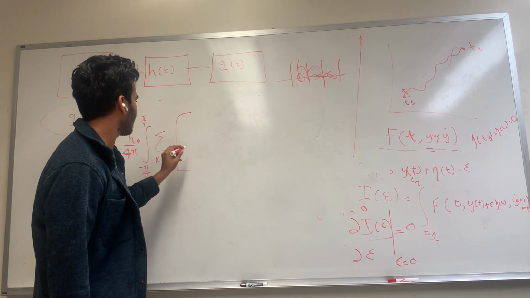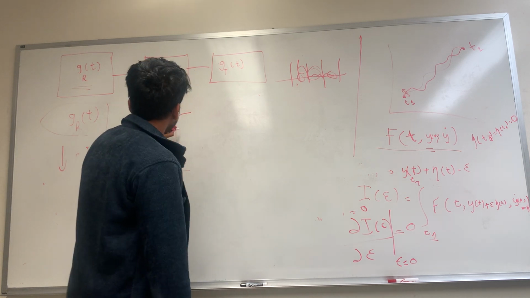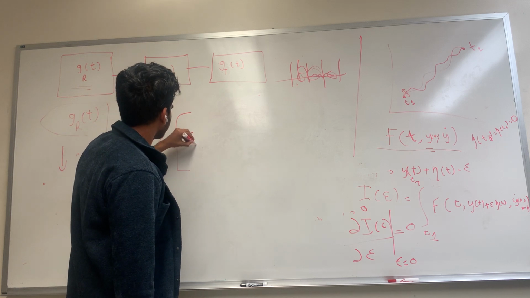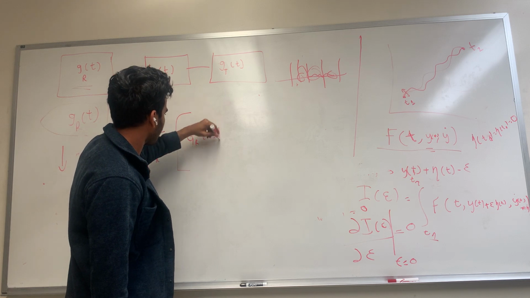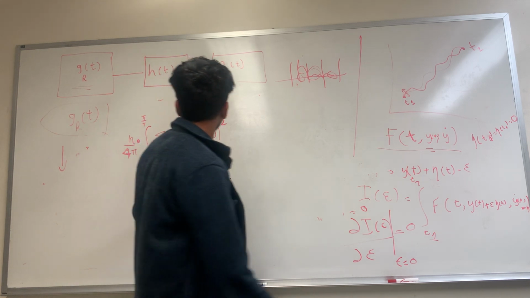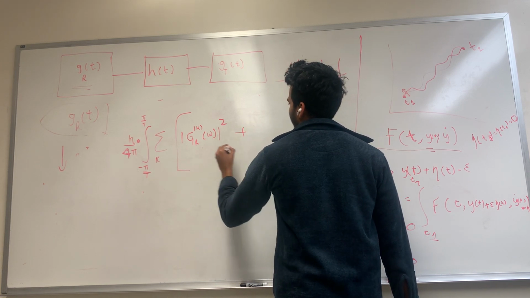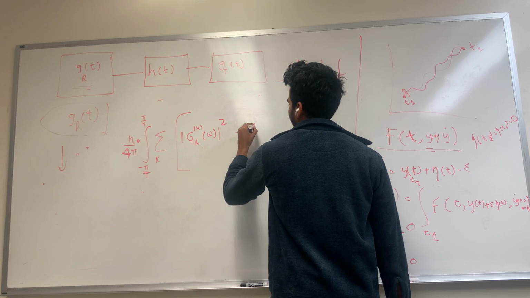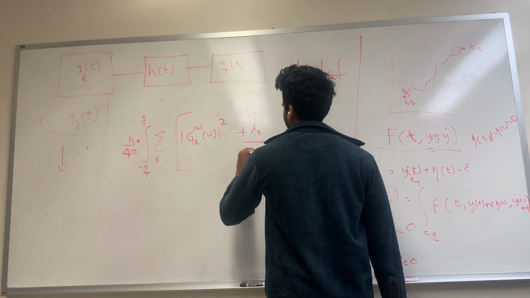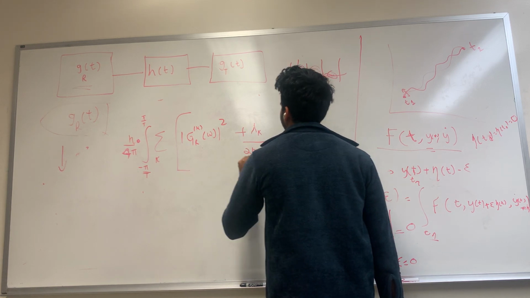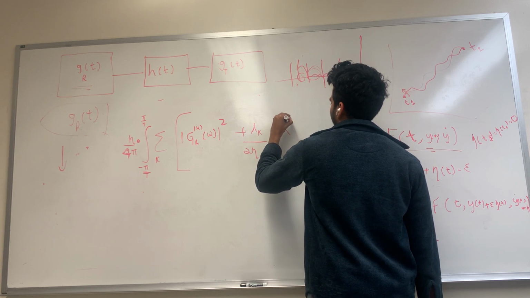So now we're going to get first the noise power, plus lambda k by 2 eta times X_k of omega.